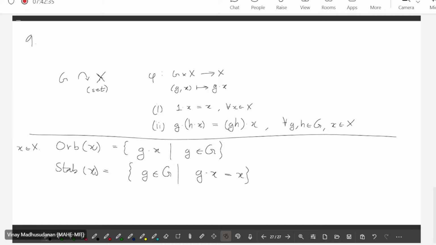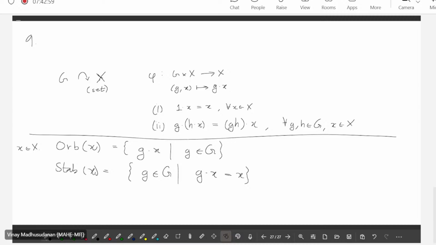Okay, it's called the orbit because it's like an orbit, like you're thinking of it as action. So it is like the planets under the action of gravity follow a particular path. So if you take all the positions where the planet can be, that is like the orbit. Okay, so it is like under the action of G.